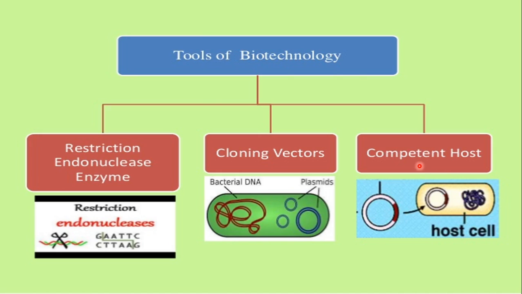Competent means a host which is capable of taking up the new DNA. So these are the three most important tools of biotechnology. Details we will be learning. Now the processes of recombinant DNA technology, the different steps in detail.